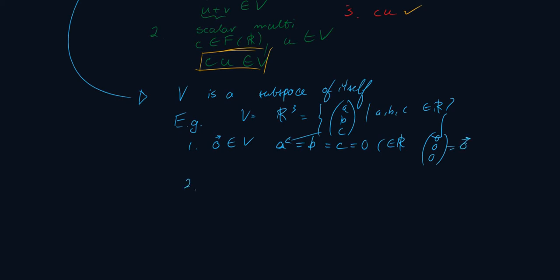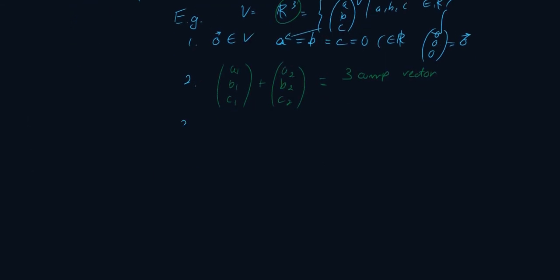Okay? And then the second one is closure under addition. Well, if you add two vectors (a1, b1, c1) and (a2, b2, c2), then you're still going to get a 3-component vector. And that 3-component vector has to belong to R3. Similarly, for the third condition, if I have a scalar c that belongs to R, and I scalar multiply (a, b, c), we don't really care about the operation in here.